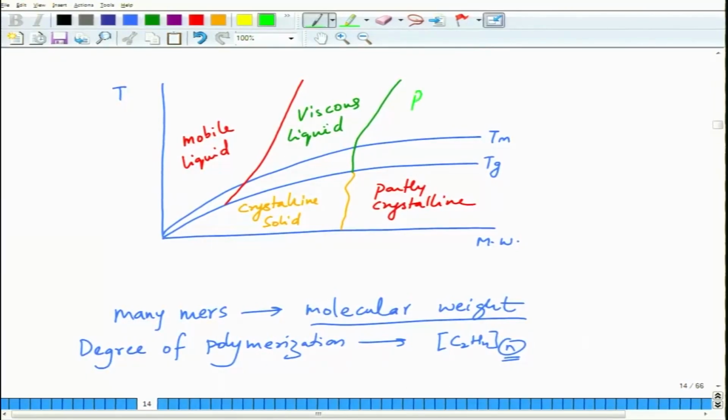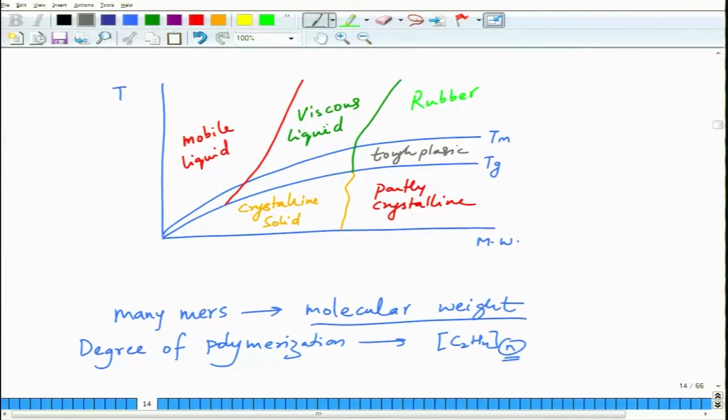and then at very high molecular weight, it tends to become a rubber shaped material, and then in between somewhere it acts like a tough plastic. Okay. So, these are typically the regimes of polymers as a function of molecular weight with respect to temperature.